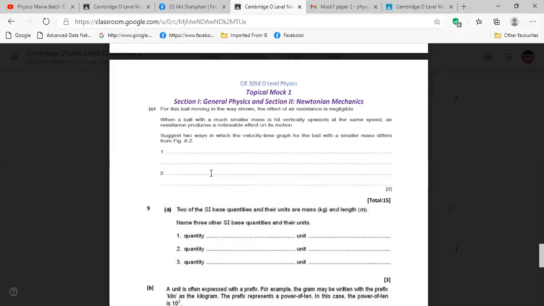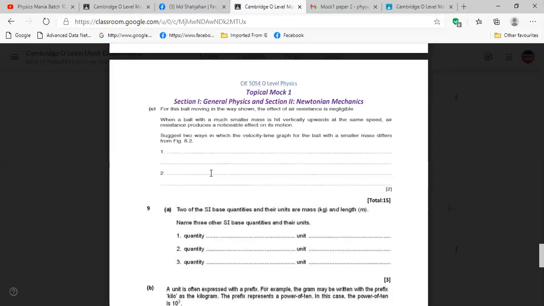So the bigger ball will face more air resistance, and a smaller ball will face less air resistance. So what is happening at that time?